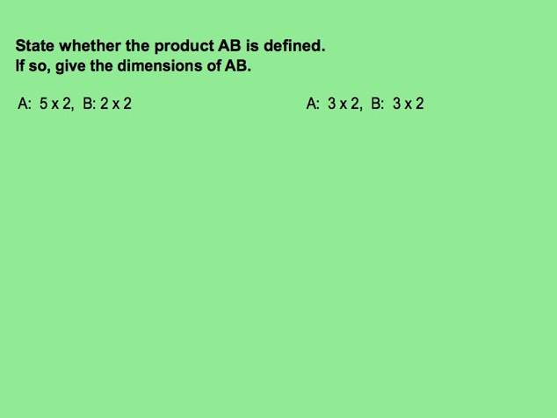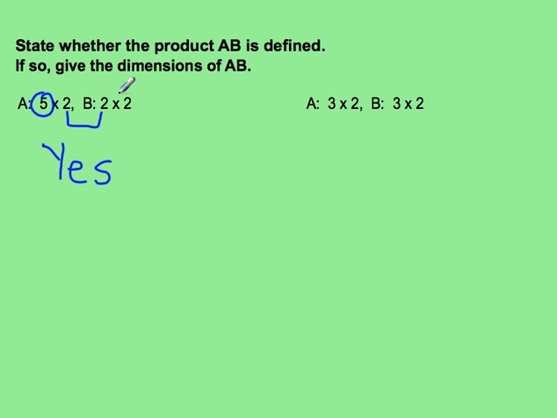So first of all, I want to find out if I can actually take A times B. Well, if you look at these two inside dimensions for A times B, they're both 2. So yes, these are defined. You could take A times B. And then what are the dimensions going to be?